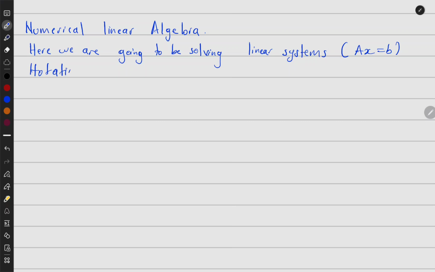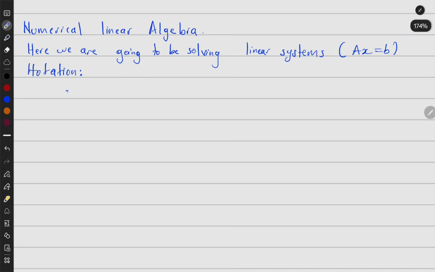One of the notations that we can use for how linear systems can be written is, let's say, a11 x1 plus a12 x2 plus, and this goes to a1n xn, which is equal to, let's say, b1.